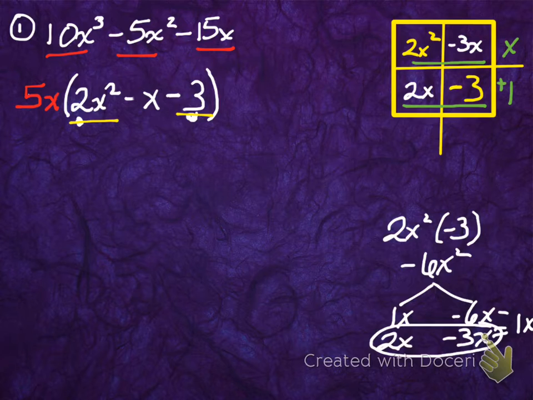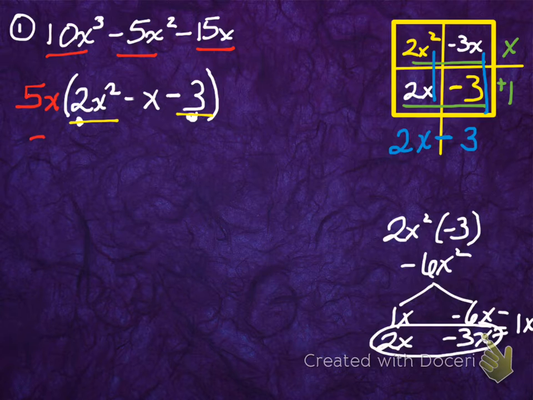Now if I look at my first column, I have 2x squared and a 2x, well, the largest number that can divide into both is 2. And there's an x in both. Second column, negative 3x and 3. The largest number is 3, and the farthest away is negative.